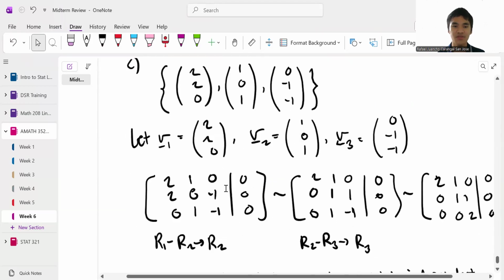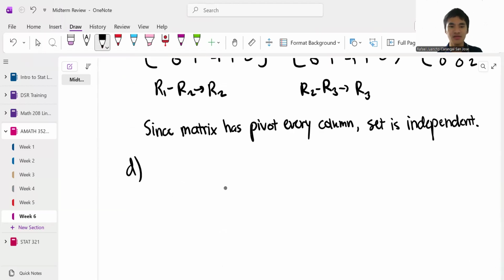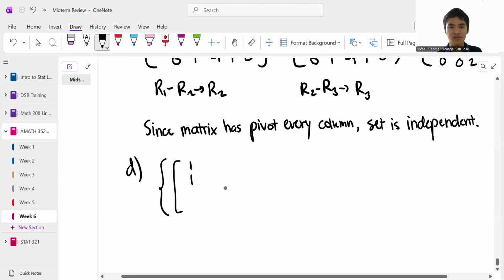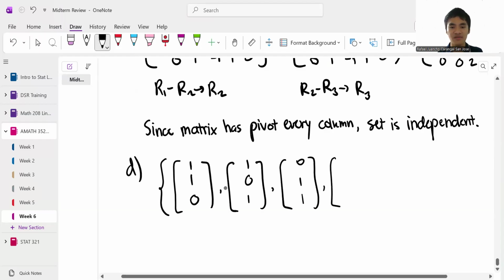Okay, let's do it. So again, we have a set of vectors: 1, 1, 0; 1, 0, 1; 0, 1, 1; and 4, negative 4, 4.